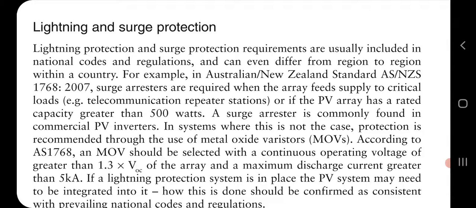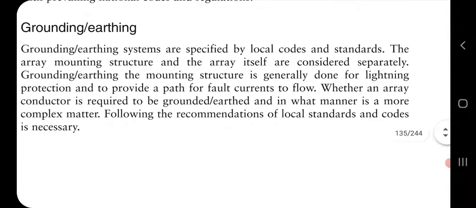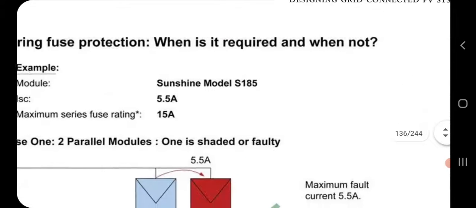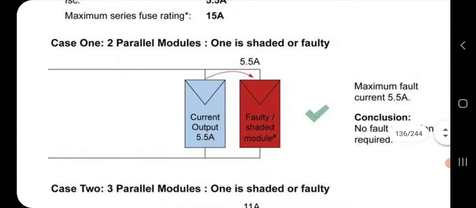It is installed above the PV arrays to protect from lightning, and grounding or earthing is also important. Grounding has to be done properly, so that if any fault or lightning occurs, the current passes properly to the ground.